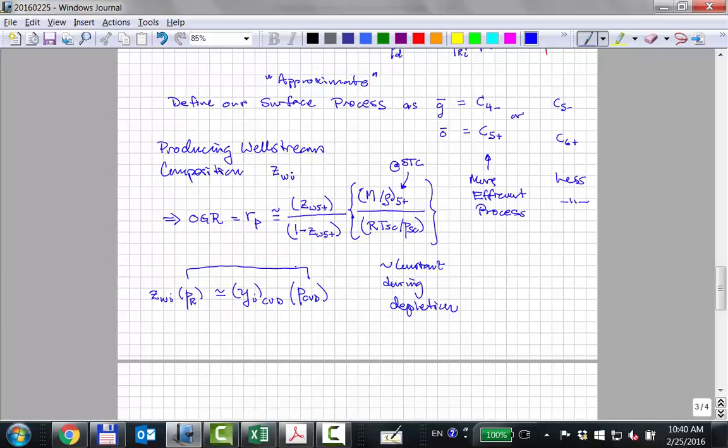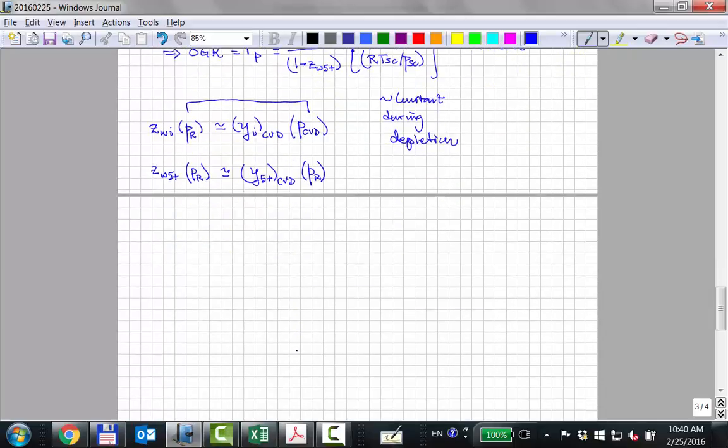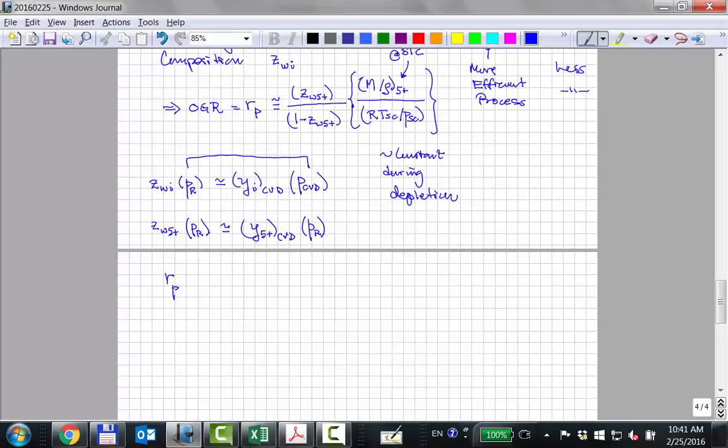Now, since we're only interested in the C5+ because of the very simple processing, we can say that basically from the CVD at that same pressure, this can be converted through this equation up here to R_p, using this equation here.